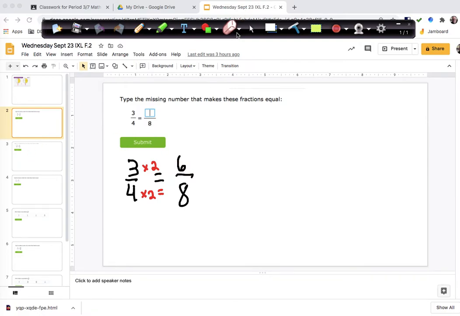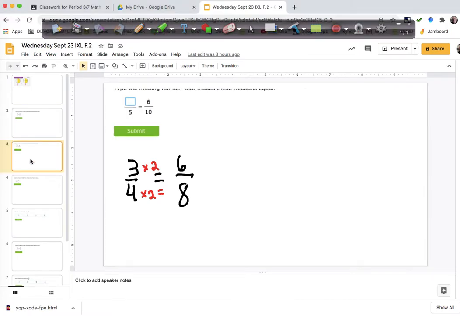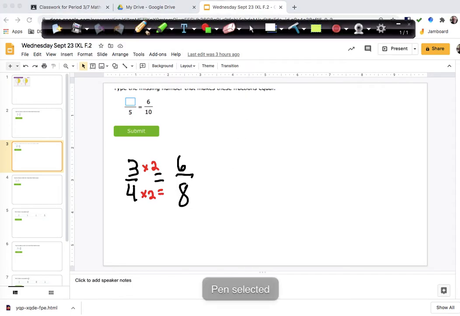The next problem that we looked at was a little different form. Our missing number was over 5, and that is equal to the fraction 6/10.